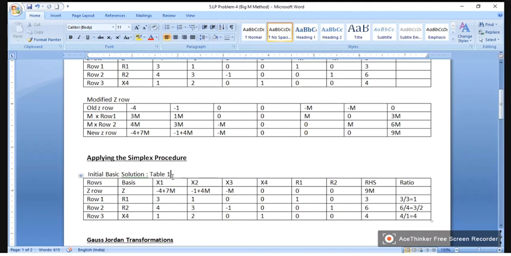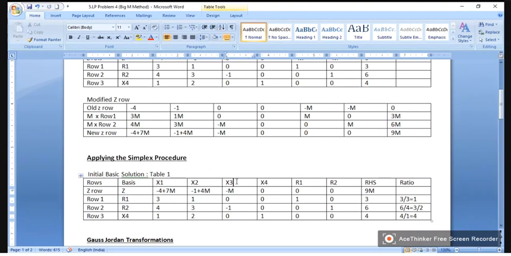What should we decide first? This is a minimization problem. We have to decide which variable can enter the basis. Which are the variables which are not present in the basis? x1, x2 and x3 are the non-basic variables.